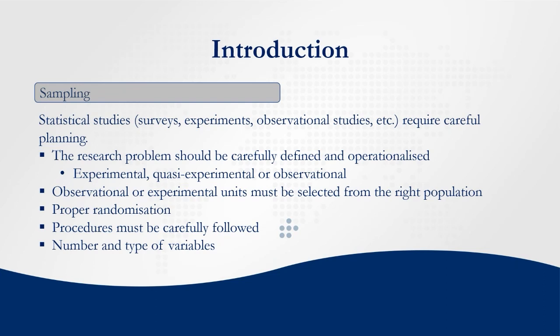So maybe it's some form of an experiment, but you might not be able to control some of the independent variables. Even though it has some aspects of an experiment, maybe you put some learners in the old or standard teaching approach, so there would be the control, and then you also have other learners who are assigned to the new teaching approach.